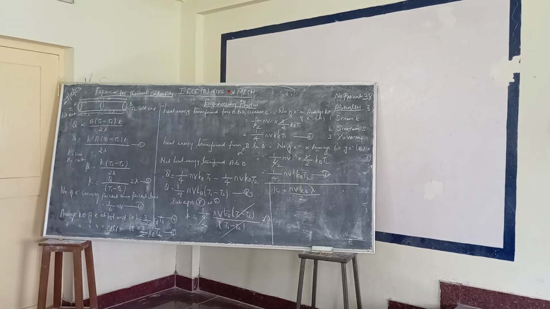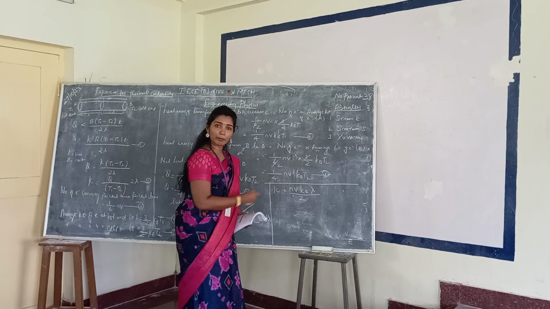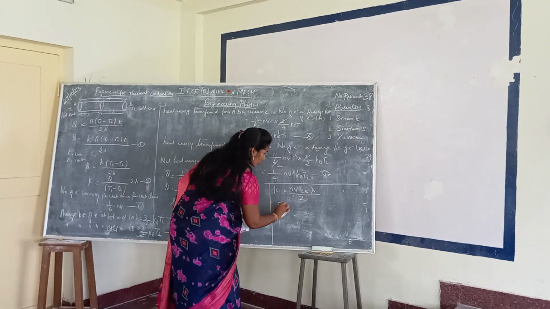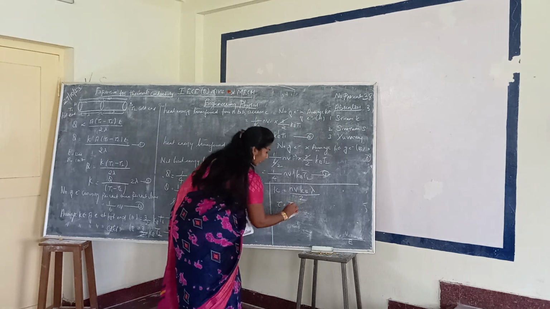So here, what is the collision time? Now we are introducing the collision time. Collision time is equal to relaxation time. So here the motion of the electrons, we will substitute in this lambda value. Okay, so this is the formula. T is the relaxation time, which is equal to the collision time.